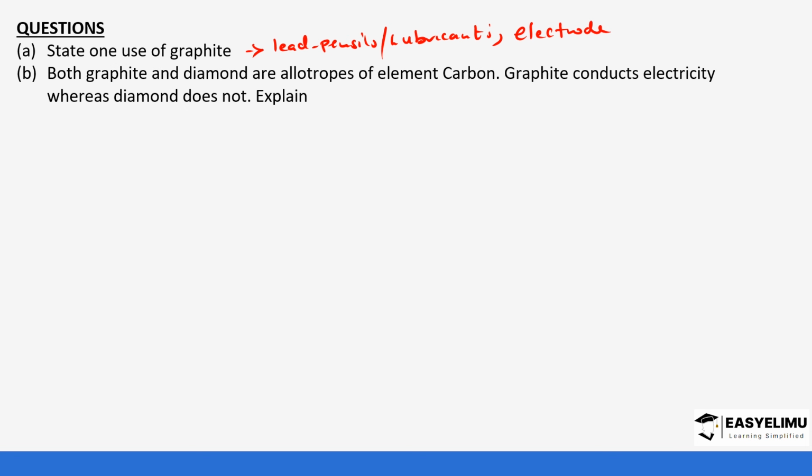Both graphite and diamond are allotropes of the element carbon. Graphite conducts electricity whereas diamond does not. Explain.